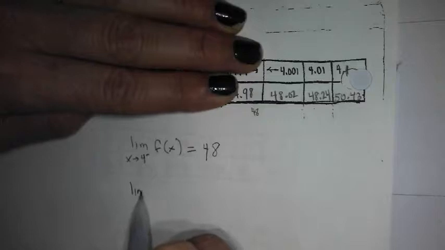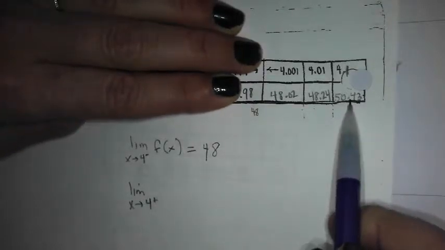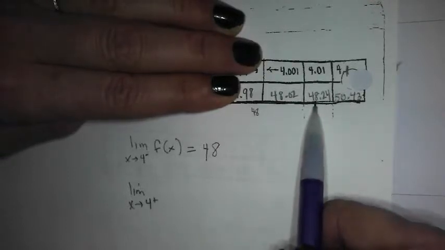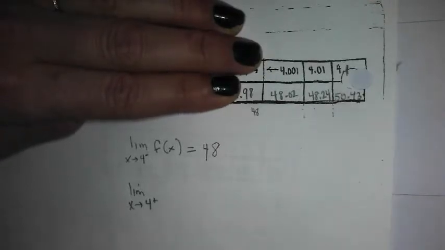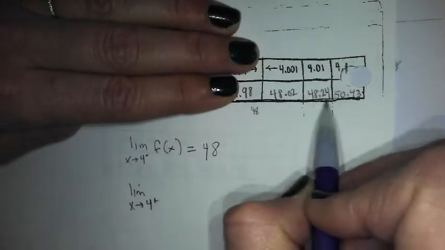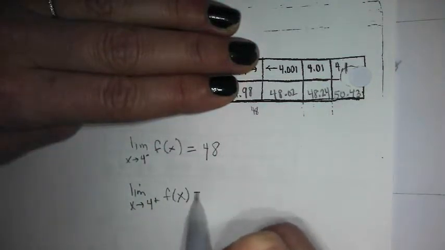And then you look at it coming from the right. What's happening to our function value? We start at 50.43, and then we drop to 48.24, and then we drop to 48.02. What is it approaching as you come from the right-hand side? Also appears to be 48.